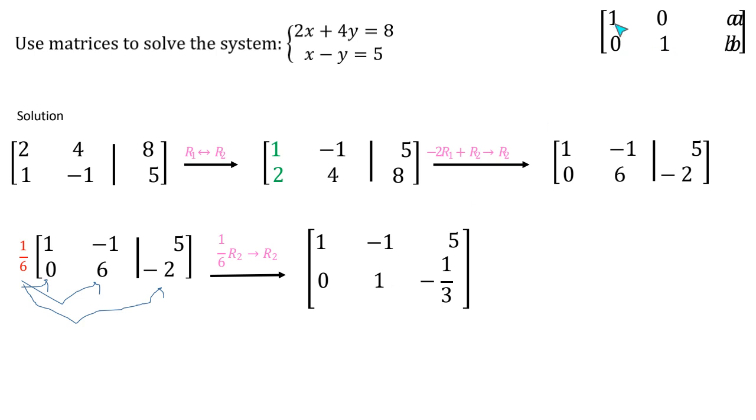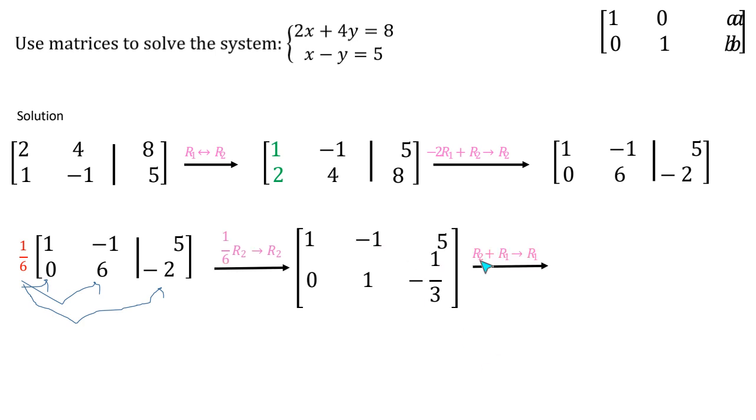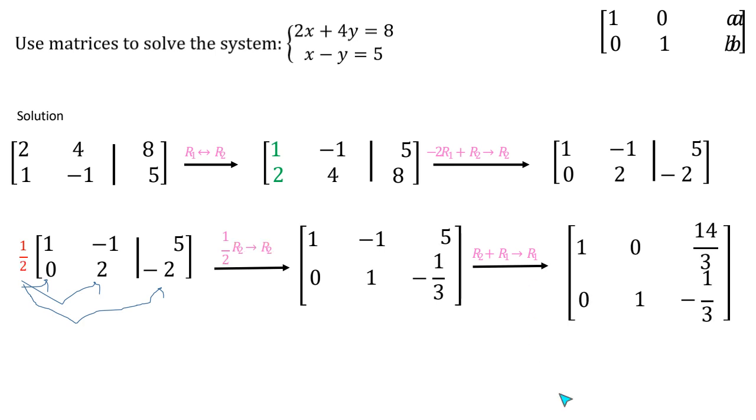Now we need to make that number above the 1 be a 0. If you notice here, the 1 and the number on top is opposite of it, it's a -1. So really all we have to do is add the 2 rows. We're going to add row 2 plus row 1, and now we're trying to change row 1, so my answer would be placed in row 1. Row 2 is not going to be changed, so it stays the same. Now I have 0 plus 1 is 1. 1 plus -1 is 0.